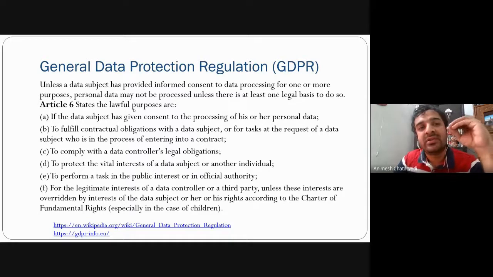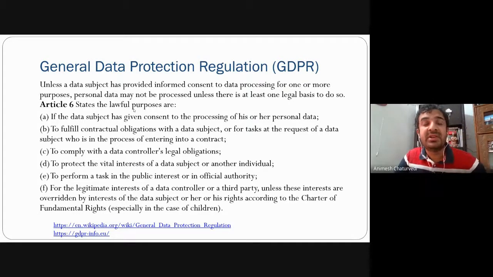That is how a company can process the data of a European Union citizen: the person or organization has given consent to let the data be processed.